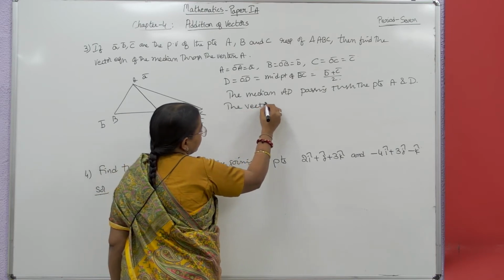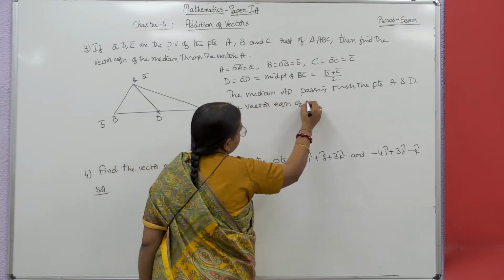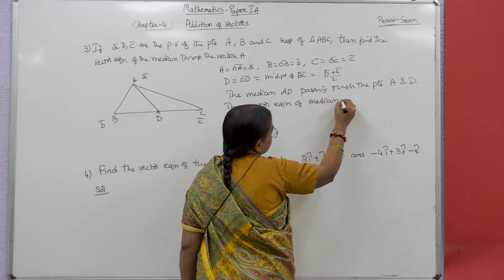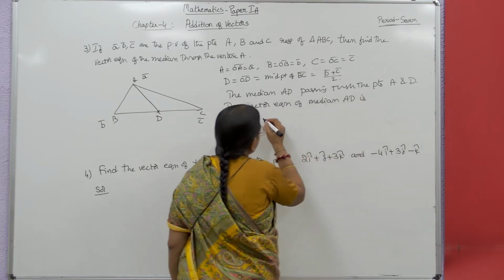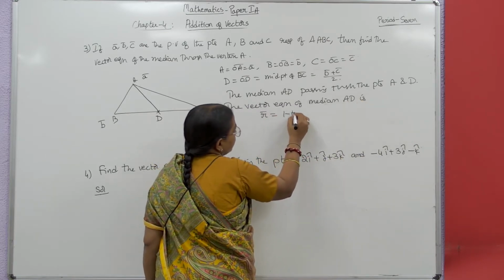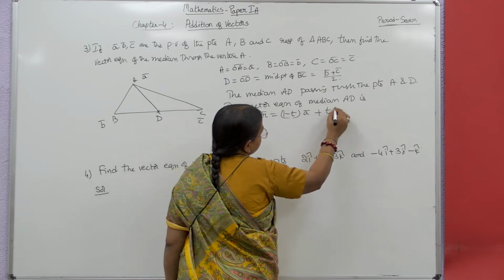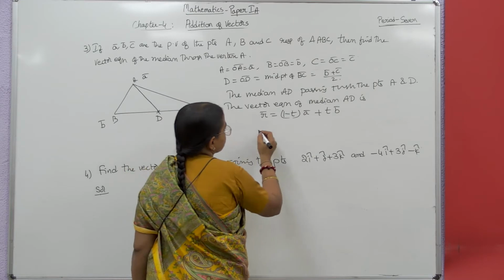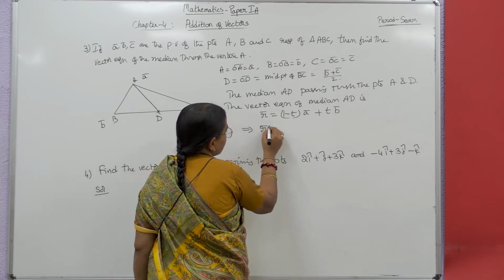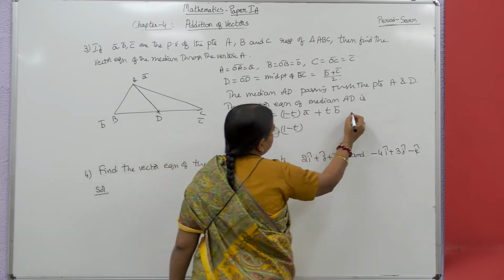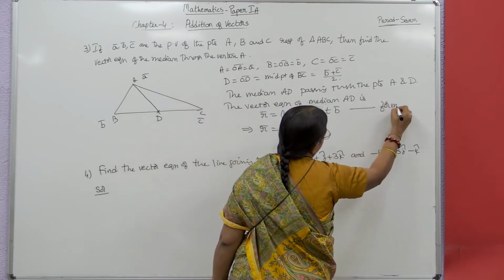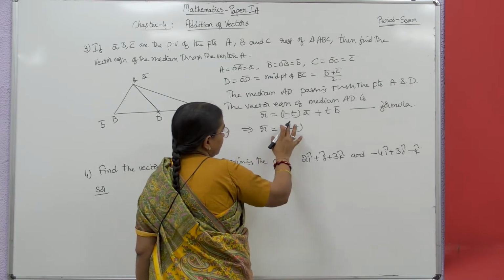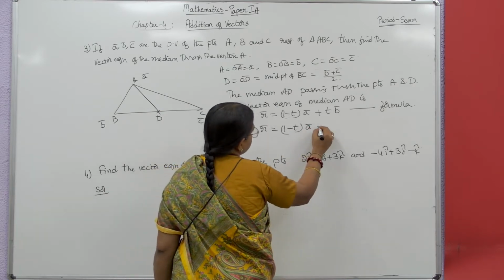The vector equation of median AD is r is equal to 1 minus T into A plus TB. This is the vector equation of the line passing through 2 points A and B. So your answer is r is equal to 1 minus T into A plus T into B.